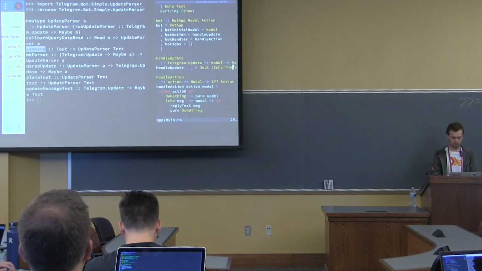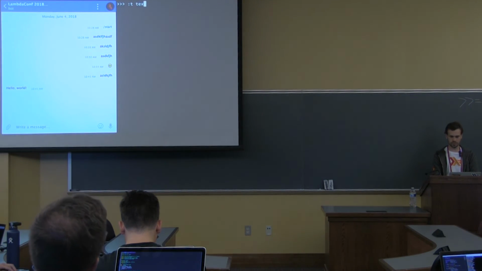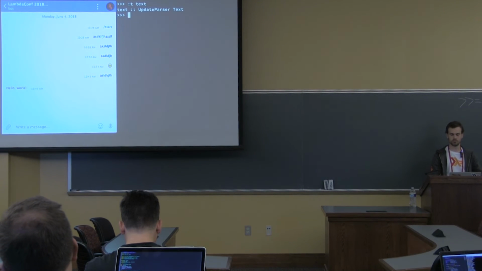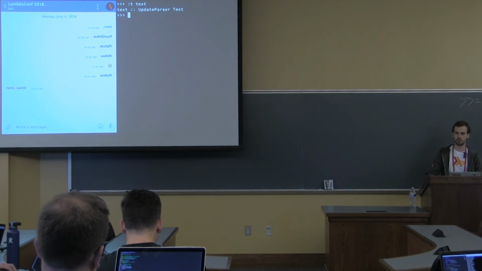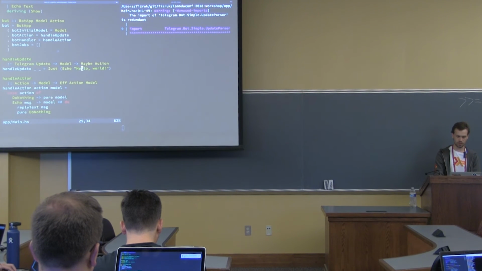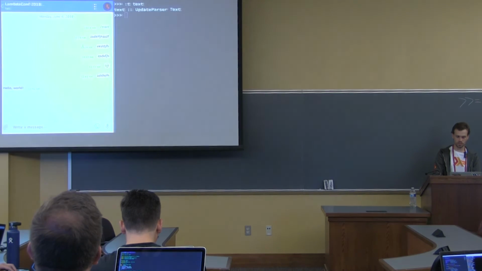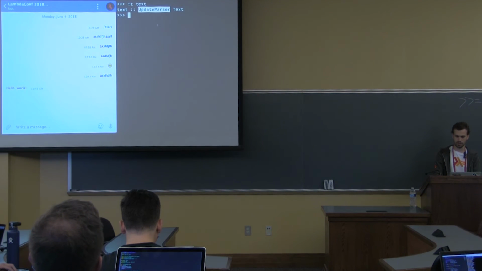Let me just show you. There is this text helper from Telegram.Bot.Simple.UpdateParser, which is an update parser that extracts the text message from an update. There are actually quite a few ways where this text might be buried in the update structure, so this takes care of that for you. You can see that this is not a function, this is some update parser.